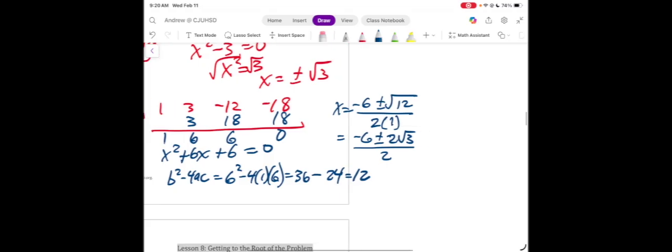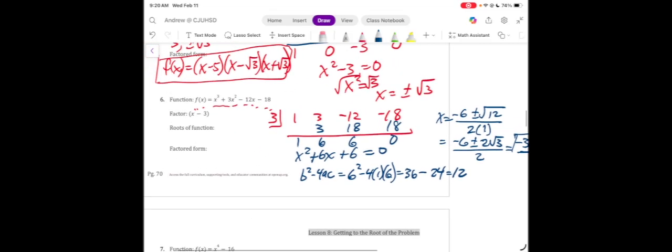And now if we reduce all 3 of these at once, 2 goes into 6 3 times, 2 goes into 2 once, 2 goes into 2 once. Okay, it looks like those are our roots. And so we got 3 and negative 3 plus or minus root 3.